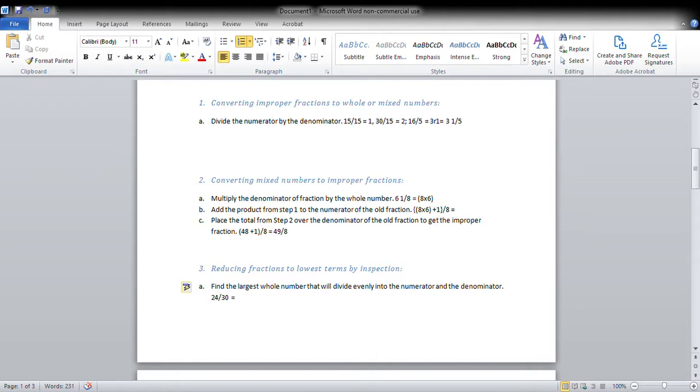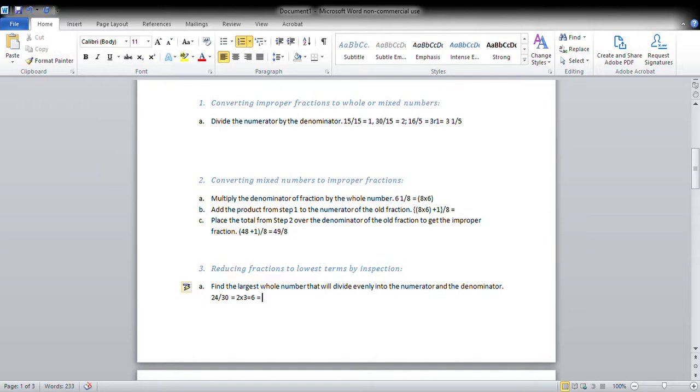But both 12 and 15, which are 24 and 30 divided by 2 respectively, are also divisible by 3. So we know that 12 and 15 are divisible by 3, and 24 and 30 are divisible by 2. And we know that 2 times 3 equals 6. And I hope you can follow that.